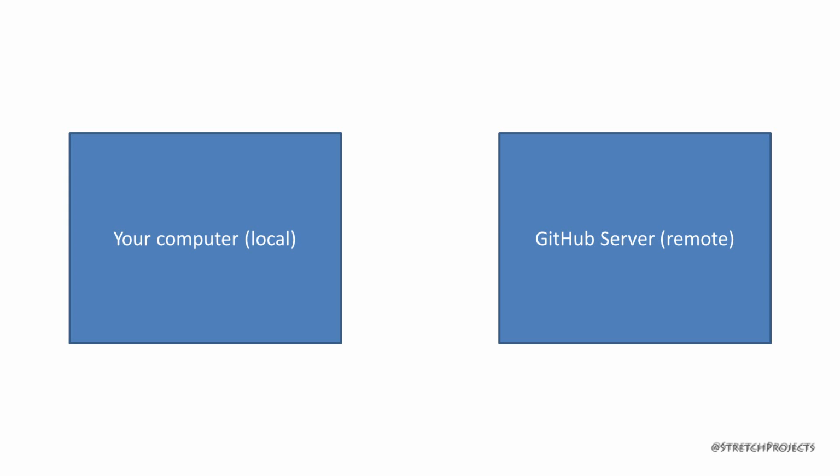We then talked about how we push things up to the GitHub server and pull them down from the GitHub server. Push and pull are obviously very specific in what they mean. Push being always from local to remote, or to some other destination, and pull being from remote to local.